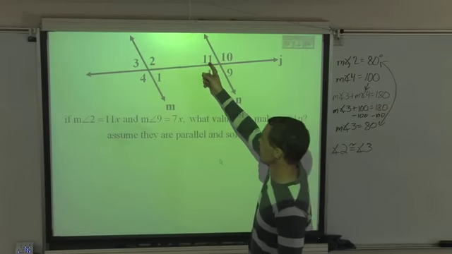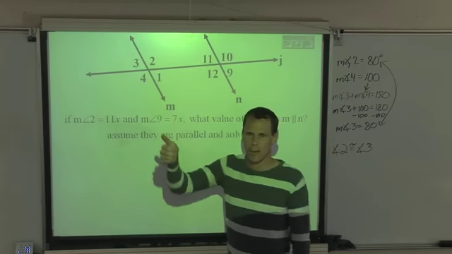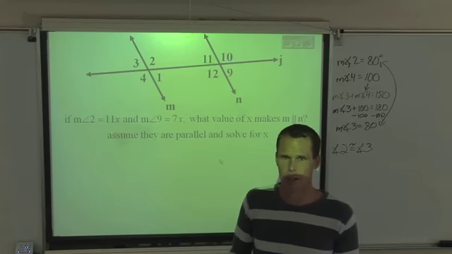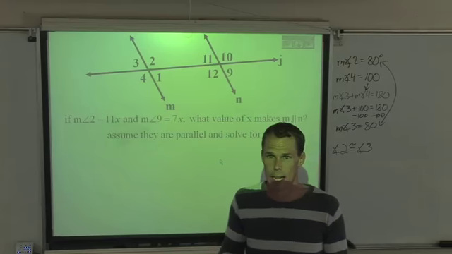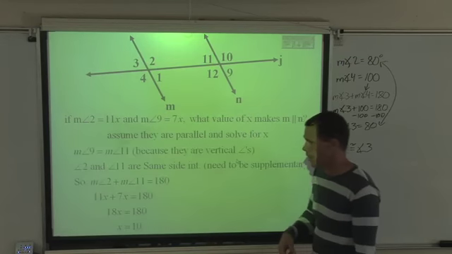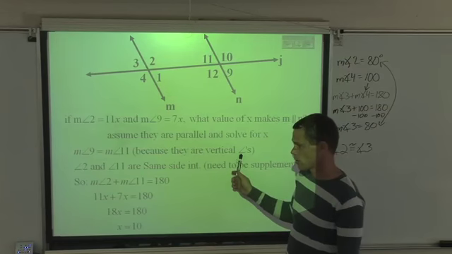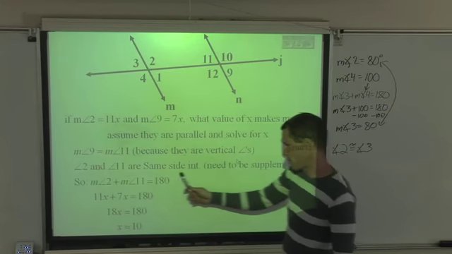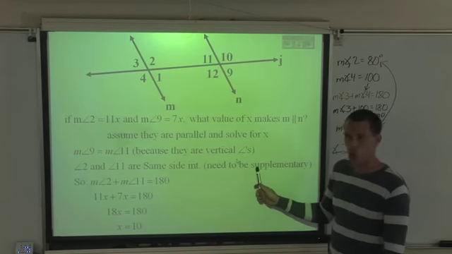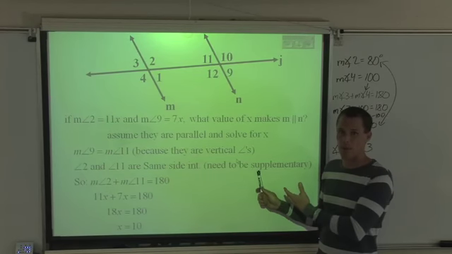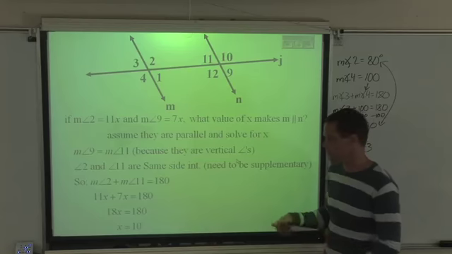9 is vertical to 11. 11 and 2 are same side interior angles. And if we want these lines to be parallel, 2 and 11 better add up to 180. Here we go. 9 and 11 are the same because they are vertical angles. 2 and 11 are same side interior angles. So we need them to be supplementary. If we can make them supplementary, the lines will become parallel.